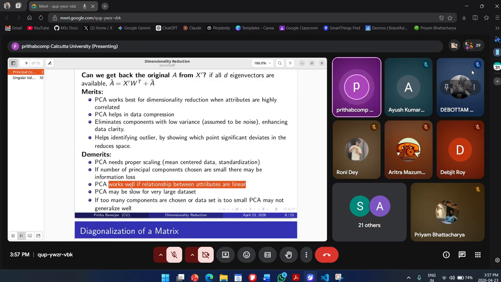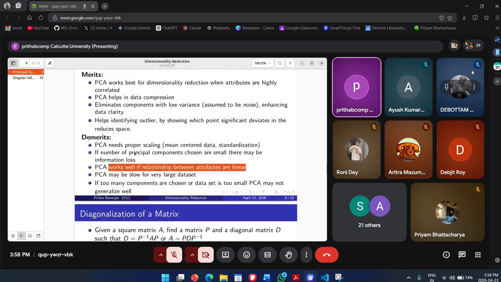If you want dimensionality reduction where features are non-linear, those features are important and you cannot reduce them. It may also be slow for large data sets. And if too many components are chosen or the data set is too small, then PCA may not be very effective.